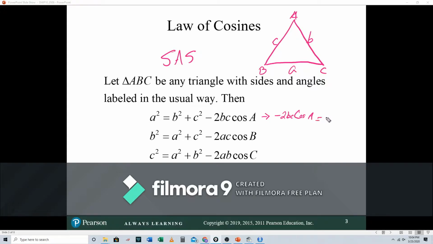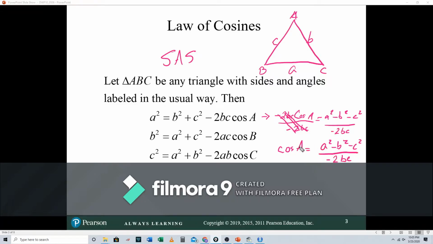So this is equal to a squared minus b squared minus c squared. We're basically just going to subtract b and c over. Then we're going to divide by negative 2bc. So all of these are gone, the negative 2 as well. So we're left with cosine A, lowercase now, is equal to a squared minus b squared minus c squared all over negative 2bc.